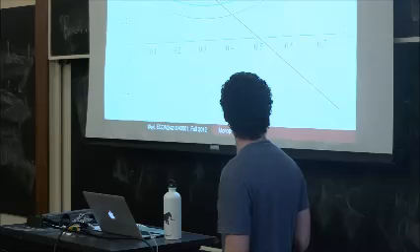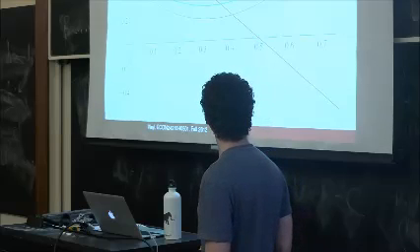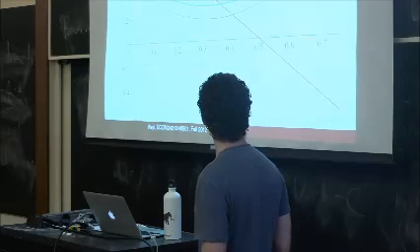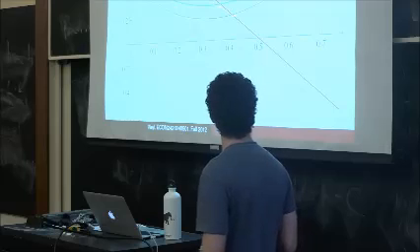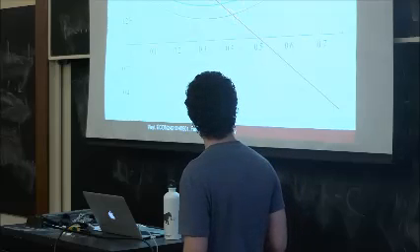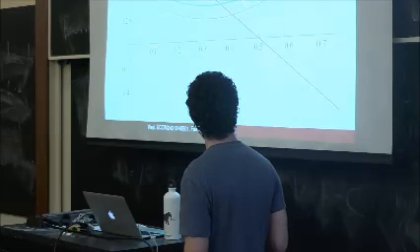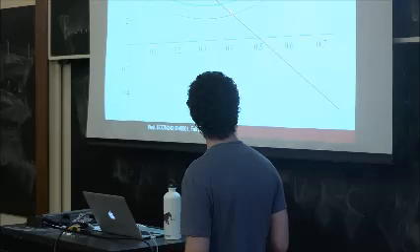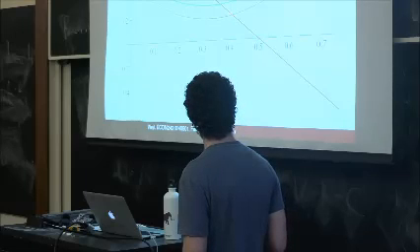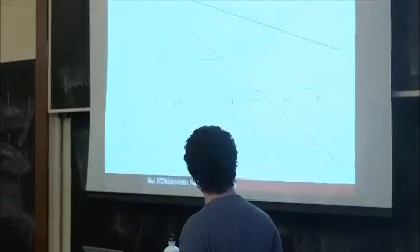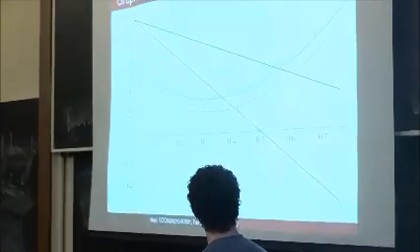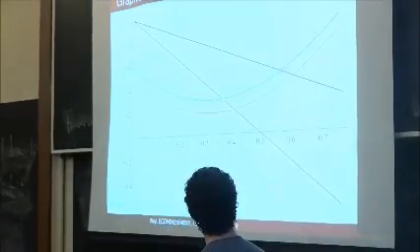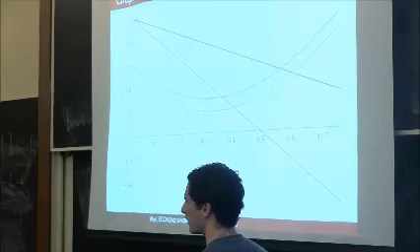So the increase in marginal cost comes from shifting. Okay, if we increase the tax, right, that shifts the marginal cost curve up like this, right?